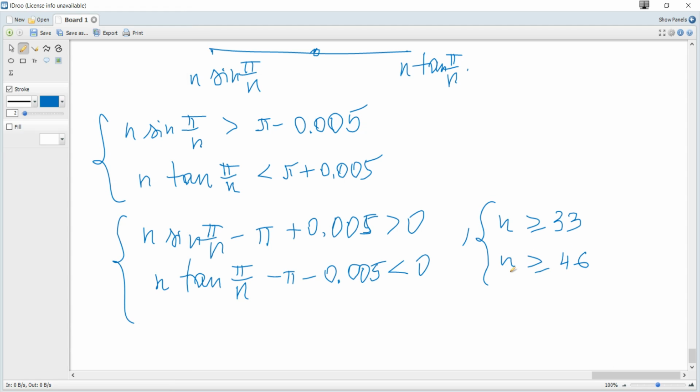But these are simultaneous inequalities, and we can see that the least possible value of n is 46.